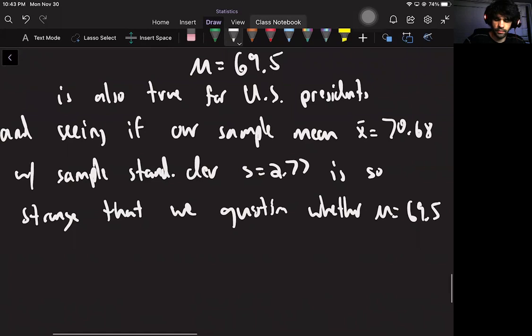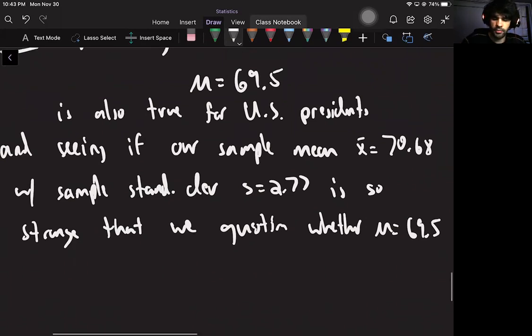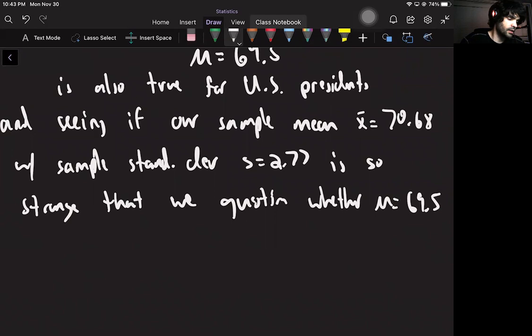So we're questioning whether it could possibly be the mean for presidents, but also specifically that it's going to instead be bigger.